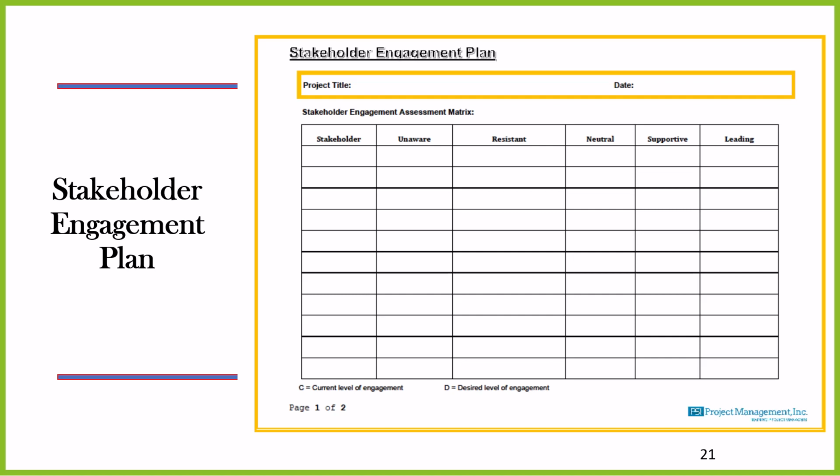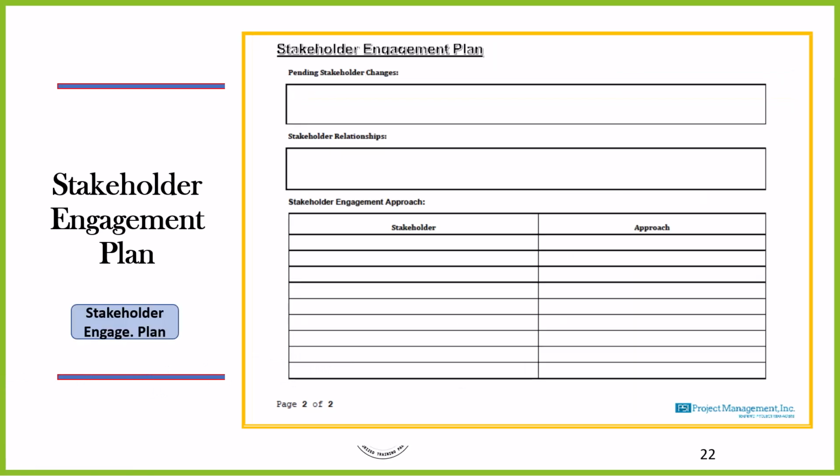To analyze that and to understand that takes interaction with the stakeholders and your personal assessment or experience in understanding the stakeholder's position. I move to the next part of this stakeholder engagement plan: pending stakeholder changes. Is there a critical person that's going to be leaving the organization? Or is there going to be some changes, such as maybe new management coming in.